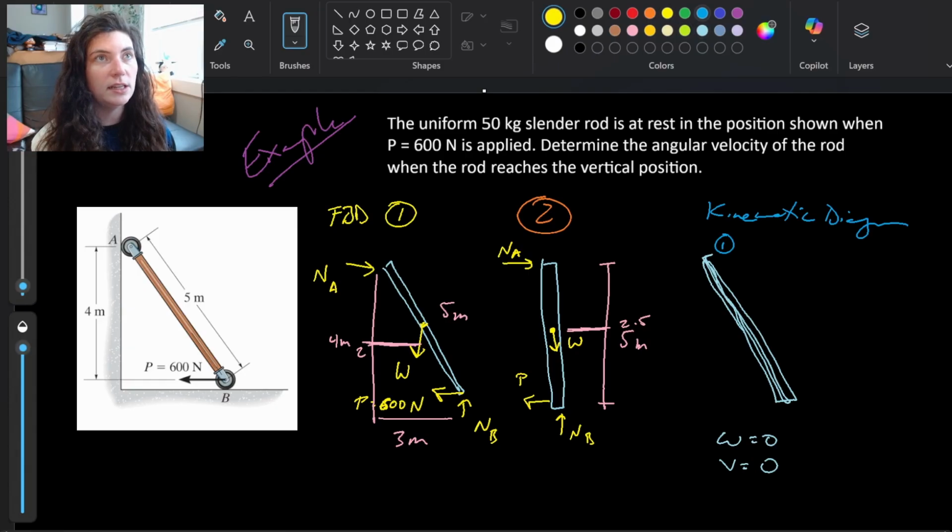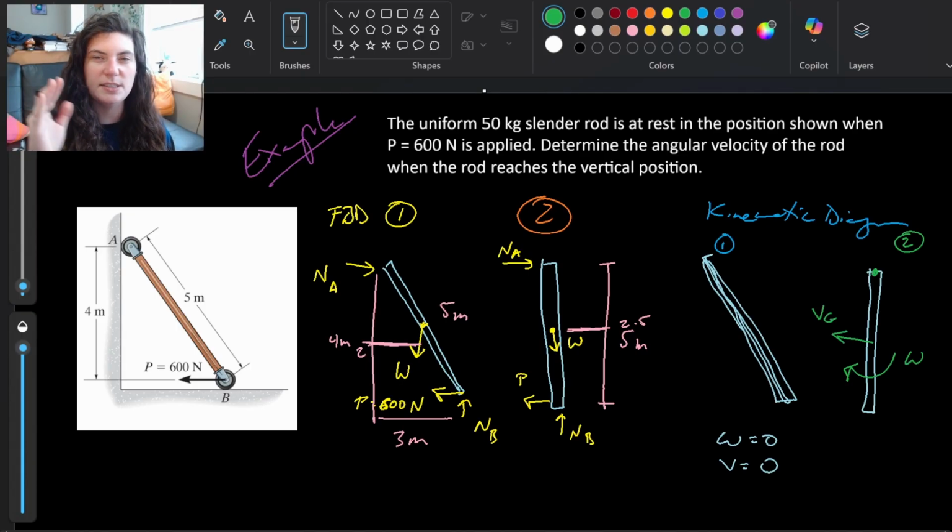So now we'll take a look at our kinematic diagram and see if that's any different now that we've swung into this vertical position. At position 2, we can see that not only has it swung around, but if we use A as a base point, we've gone through this angular velocity around A, and this center of mass has a velocity as well, as it's coming up.